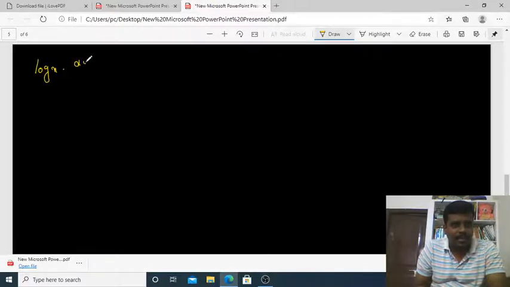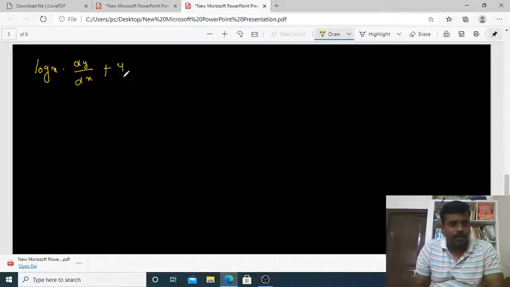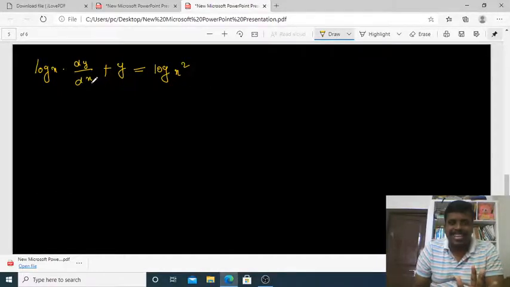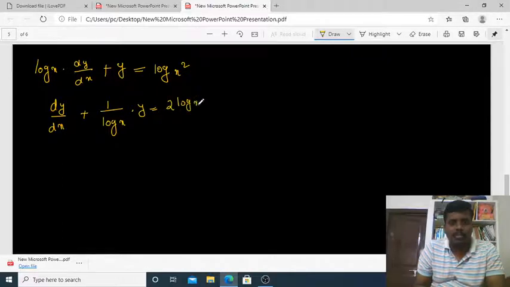Log x dy by dx plus y equals log x square. This is actually not yet in linear differential equation form. Why? Because here the derivative must have coefficient 1. So we divide by log x on both sides, and then dy by dx plus 1 by log x into y equals 2 log x by log x.